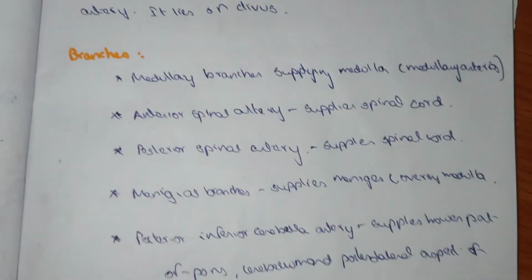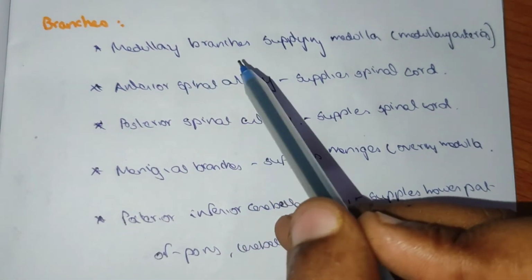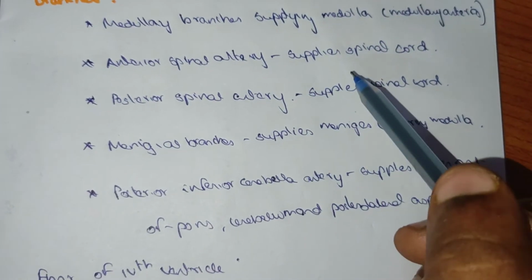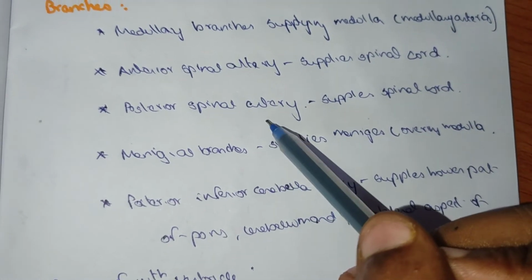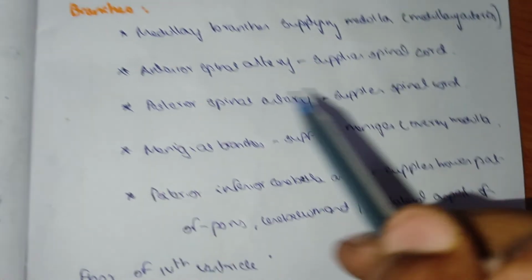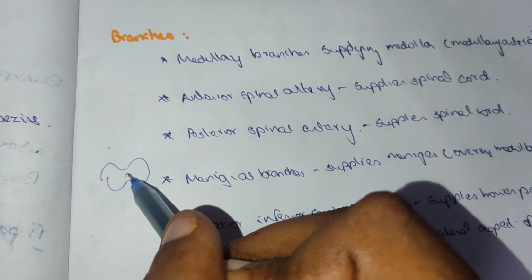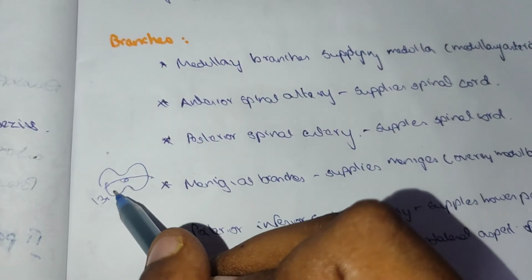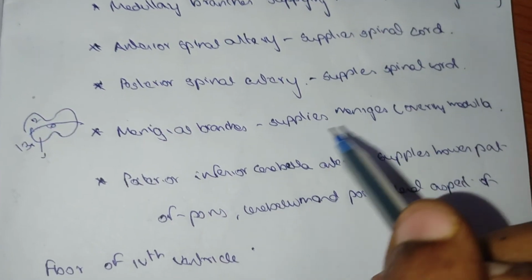The branches of the fourth part are many. The medullary branch supplies the medulla. The anterior spinal artery supplies the anterior part of the spinal cord, and the posterior spinal artery supplies the posterior part of the spinal cord: the anterior spinal artery supplies the anterior 1/3 and the posterior spinal arteries the posterior 2/3.